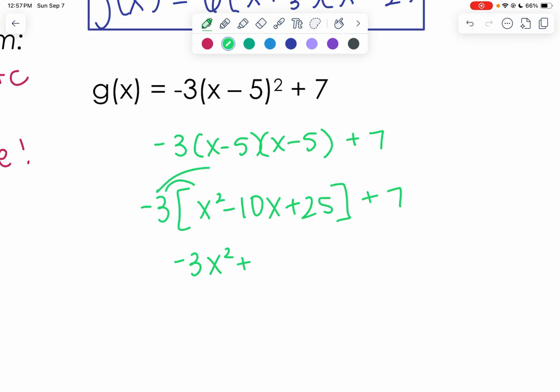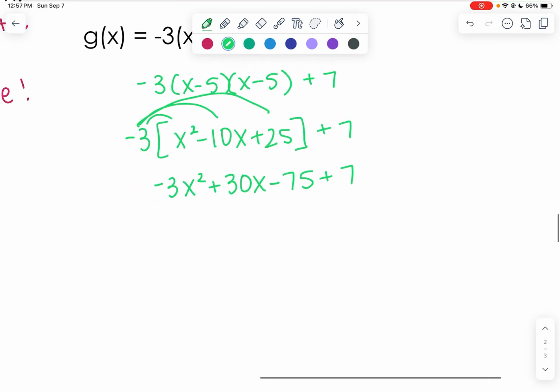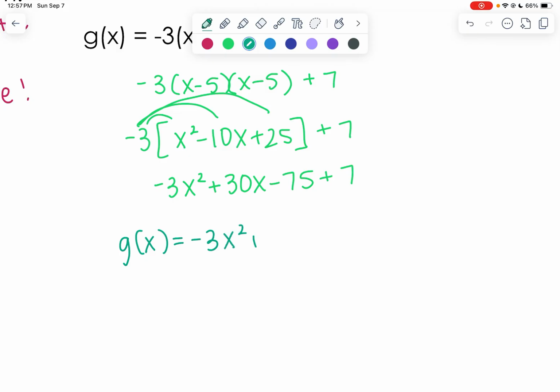Negative 3 times negative 10 would be plus 30x. And then negative 3 times 25 is going to be minus 75 plus 7. That negative 3 didn't go to that, so now I just combine like terms. So g of x equals negative 3x squared plus 30x minus 68. And that's it.